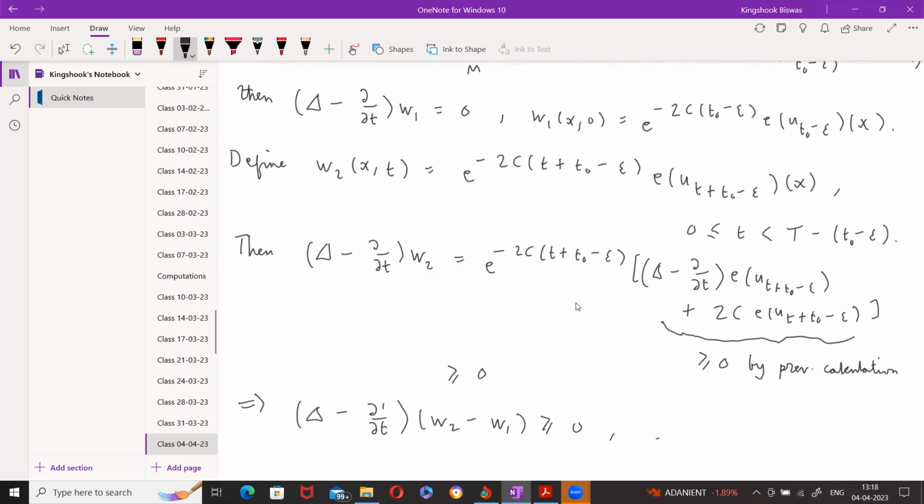And W2 minus W1 of x comma 0 is identically 0. They take the same value at time t equal to 0. W1 and W2 take the same value. Is that clear?